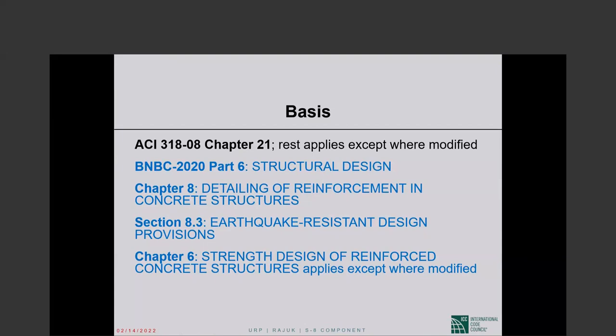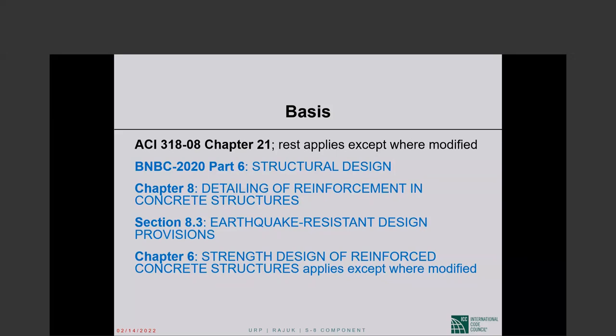Chapter 6 of part 6 is on strength design of reinforced concrete structures. And as I mentioned previously, that remains applicable. The provisions of chapter 6 remain applicable unless specifically modified by section 8.3.